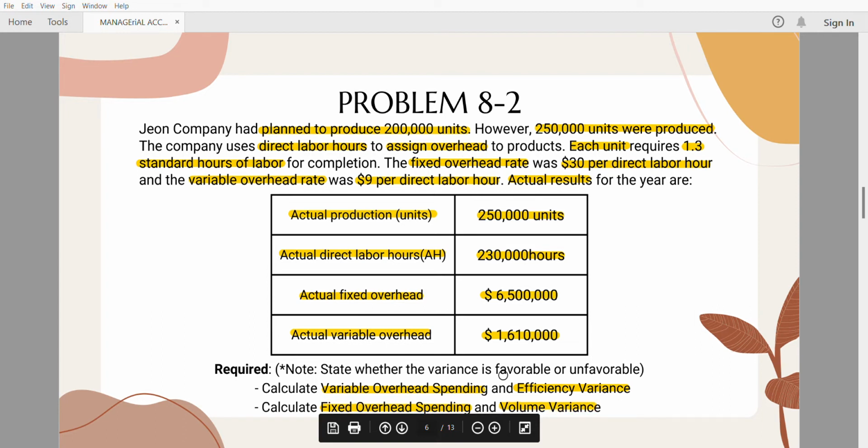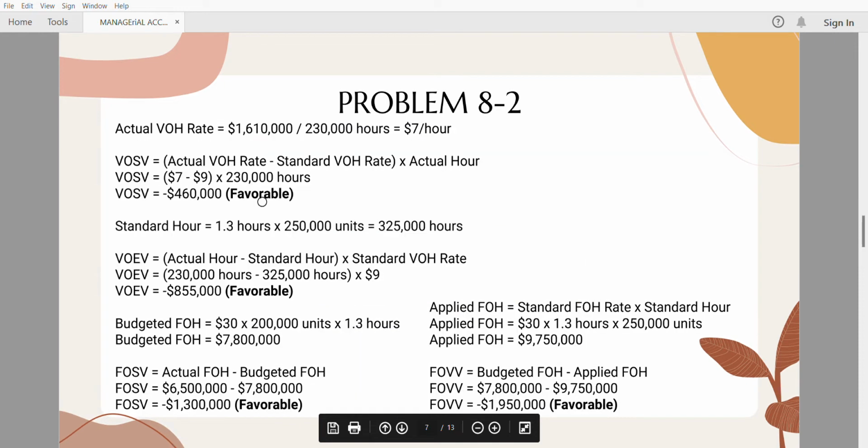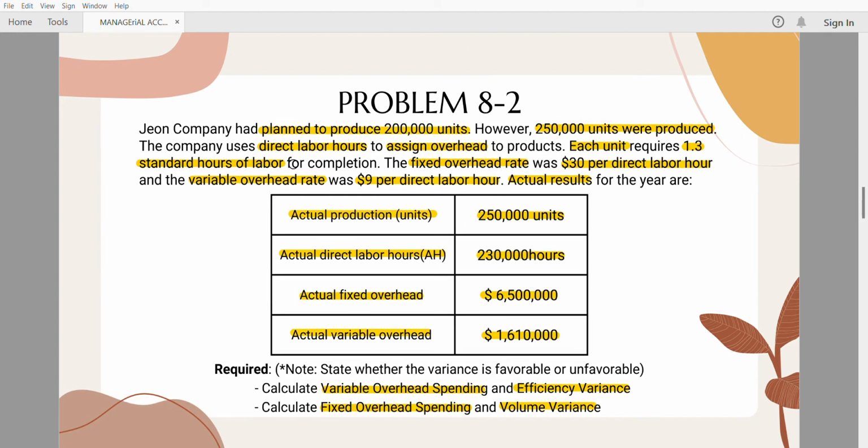Before we continue, the first one is variable overhead spending. The variable overhead spending variance has the formula of actual variable overhead rate minus the standard VOH rate times the actual hour. Right here, we have the actual variable overhead, but not the rate.